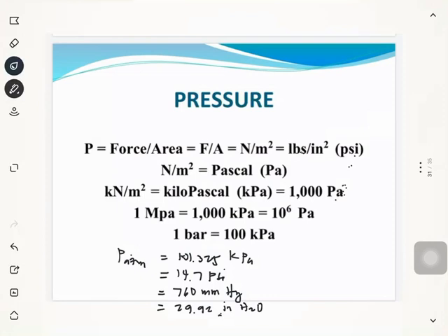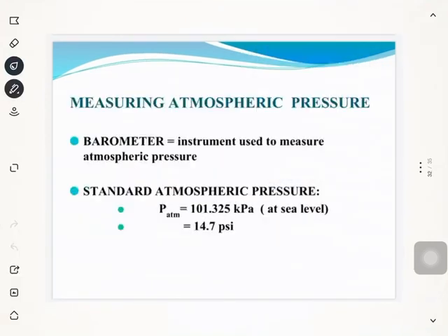So these are some equivalents of the atmospheric pressure.